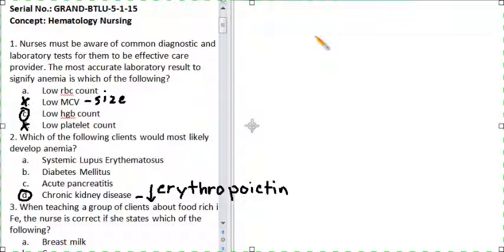Erythropoietin is the one that stimulates RBC production. So erythropoietin comes from the kidney. Okay, so the answer is D.